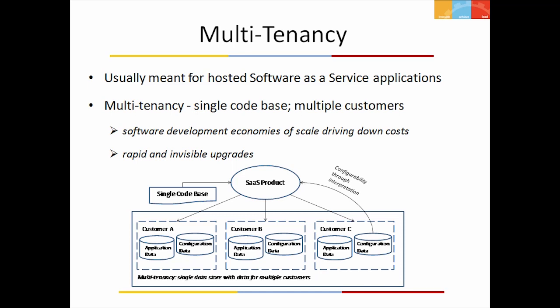Each customer can configure the product according to their requirements. The way it can be implemented is either a single data store or maybe multiple data stores. In this example, it could be a single data store.